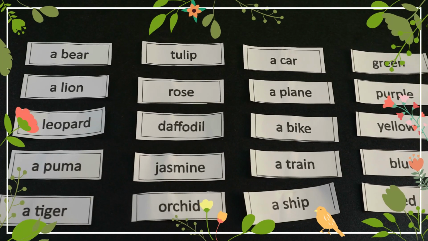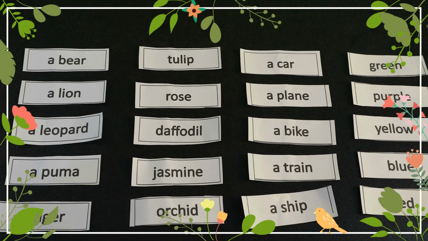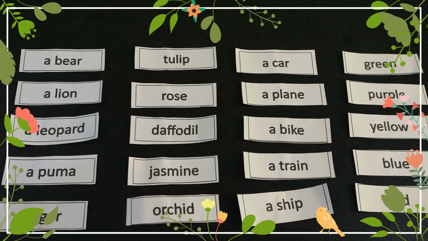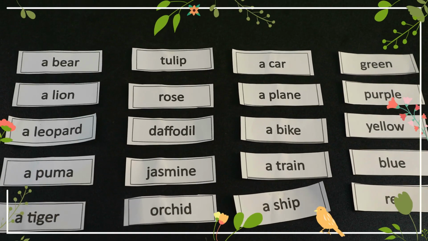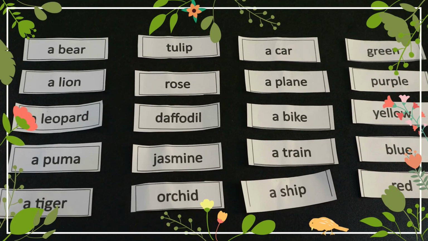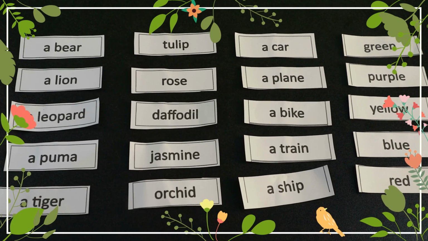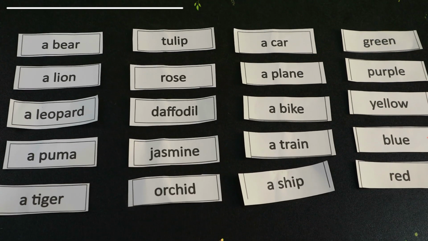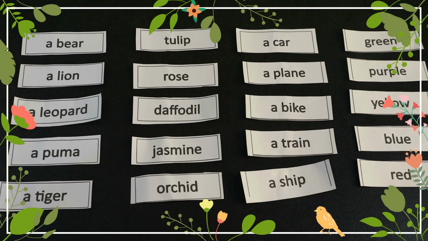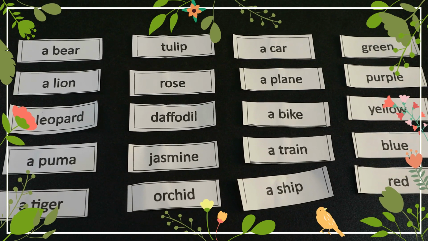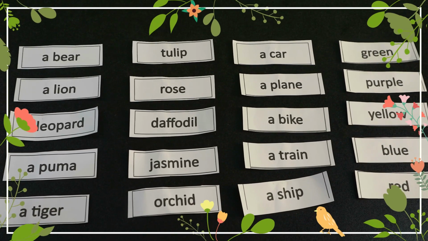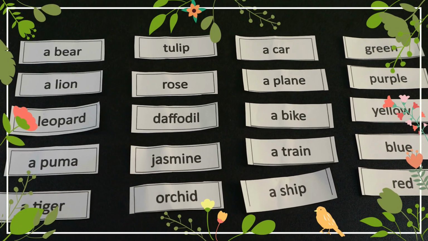Now you can see there are 4 columns, which means these are 4 groups, right? This is for grouping, especially for making students into groups. This is for 4 groups, the example. The left column is the name of an animal, right? Like a bear, a lion, a leopard, a puma, and a tiger.